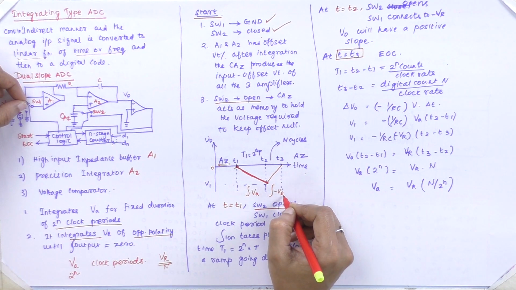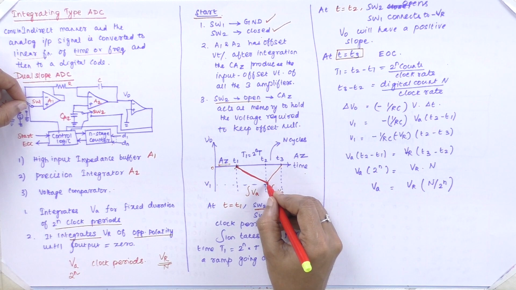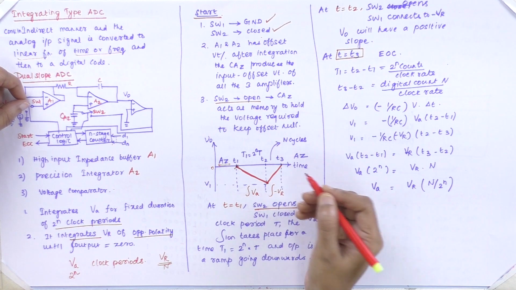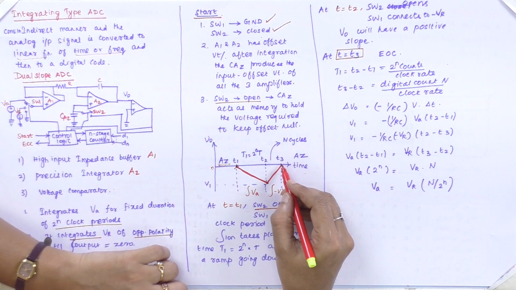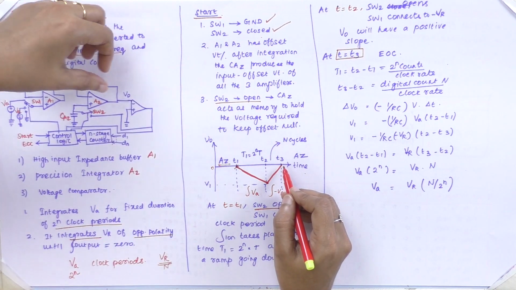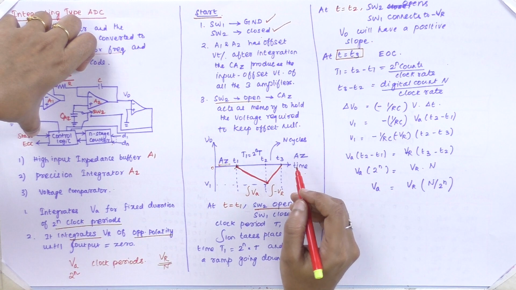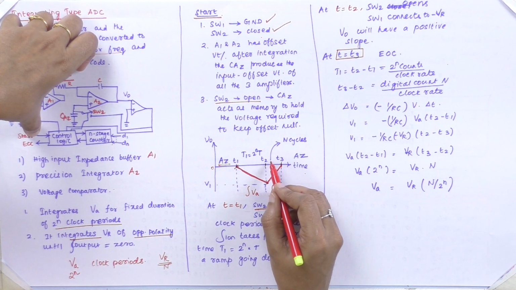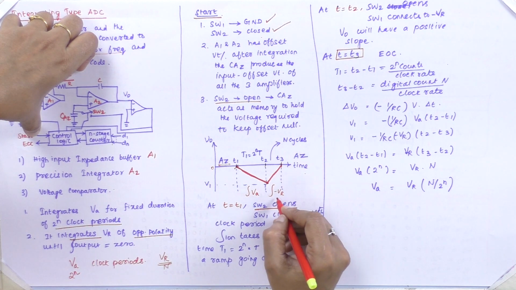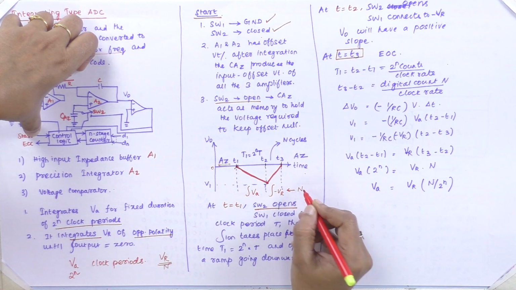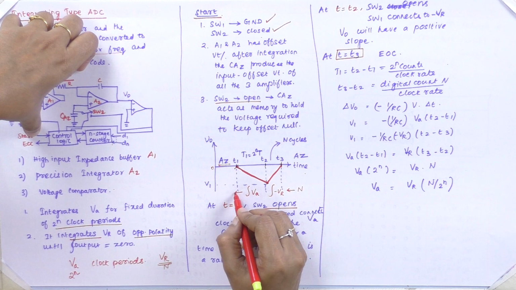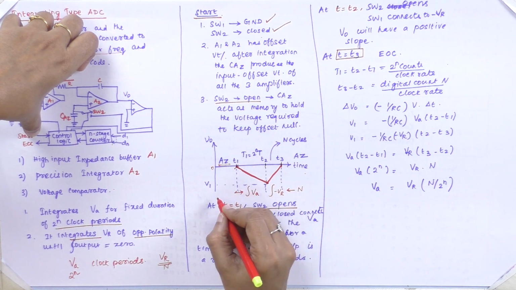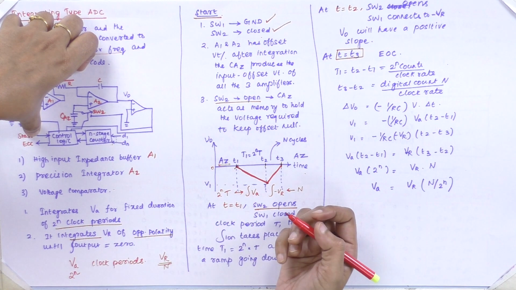Again the integration of the reference voltage takes place in the opposite direction, a ramp signal, until it reaches T3. At time T3 the conversion ends. From T2 to T3 we have only n cycles for integrating the reference voltage, while for the integration of the analog signal we have 2 power n into t.